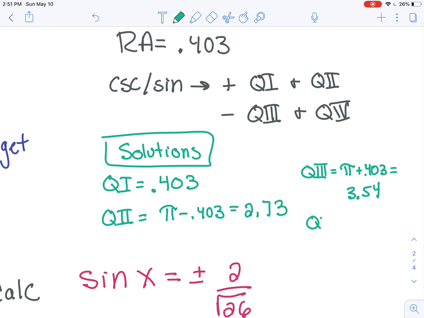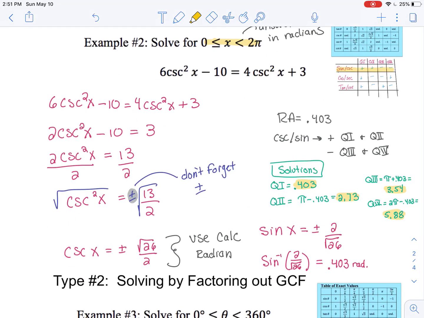And finally, my quadrant 4 solution is going to be 2 pi minus 0.403, which gives me 5.88 radians. So I have 4 solutions here. That's why it's really important that you use your plus and minus so you don't miss 2 of those solutions.